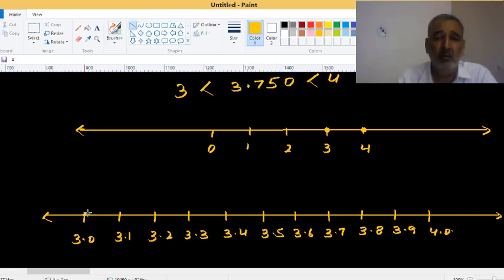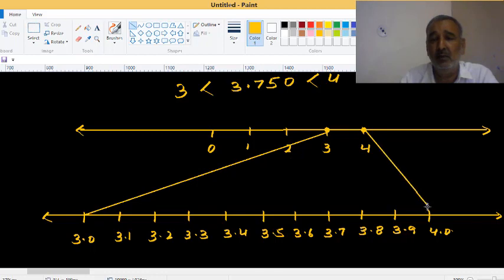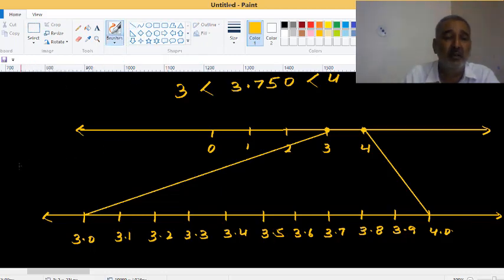What you have to do, you have to show a relation that we have stressed this number line between 3 to 4 10 times. This is 10 time magnification. You might have seen 10x.